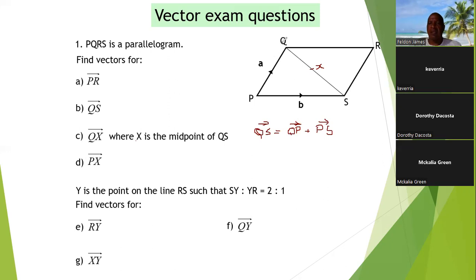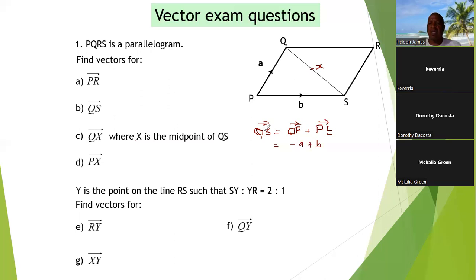But based on QP, we know that QP is going opposite to A, so it is minus A. And we know that PS is going the same direction as B, so it is plus B.